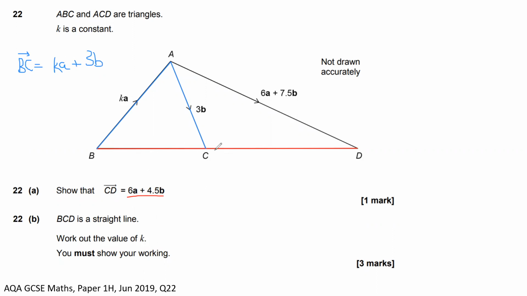So we know that 6A plus 4.5B is a multiple of KA plus 3B.